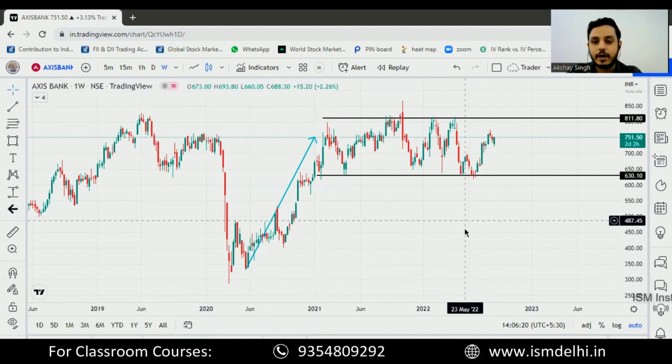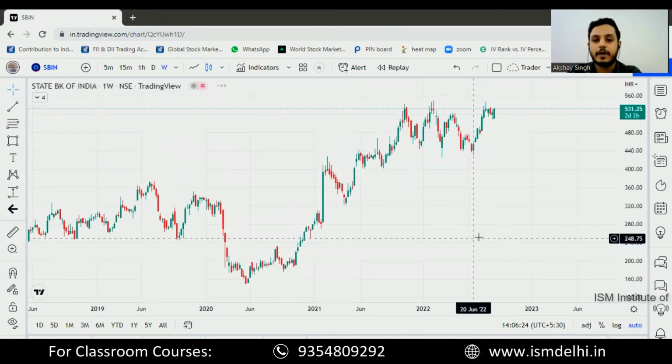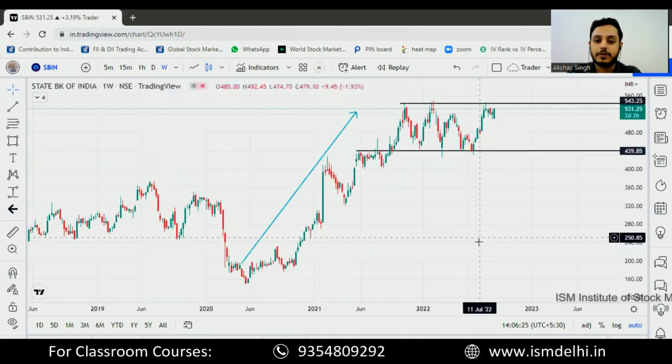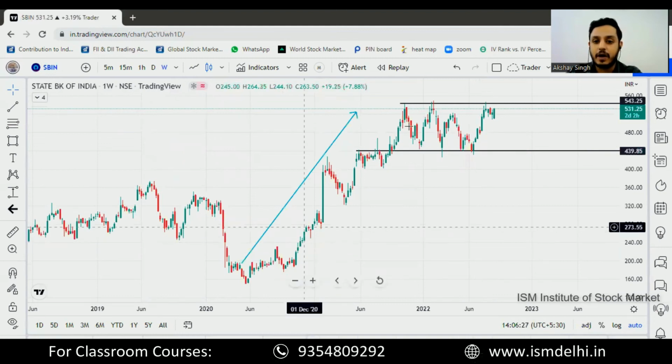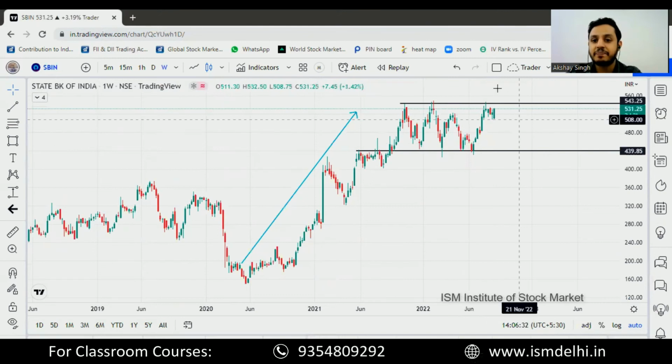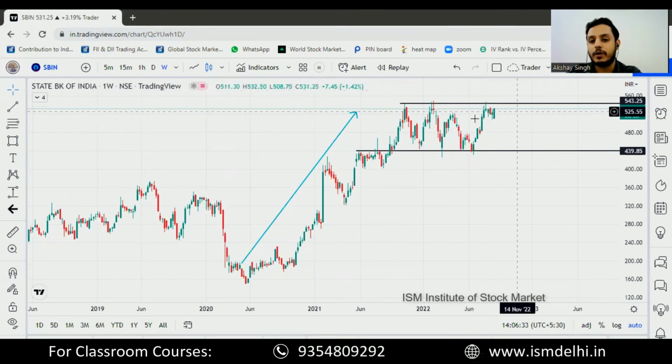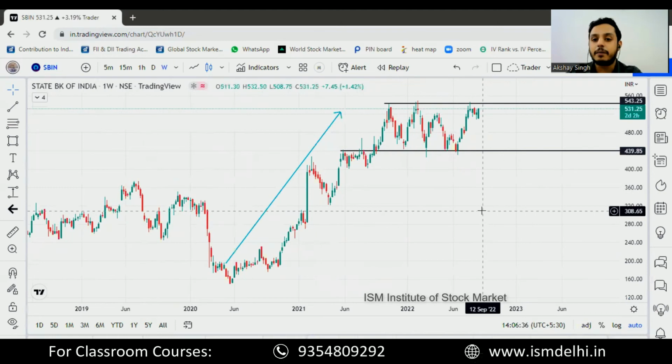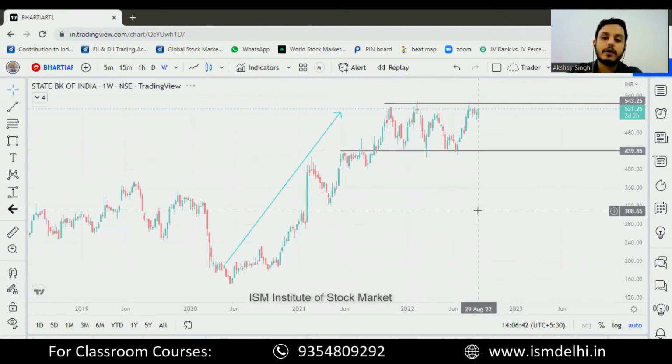Another one is SBIN. SBIN is also looking very, very good as per this setup. Higher highs and higher lows, a consolidation on a weekly time frame chart. Now price is consolidating at the upper end of the range, which makes it even more probable to break on the upside. Another one is Bharti Airtel.